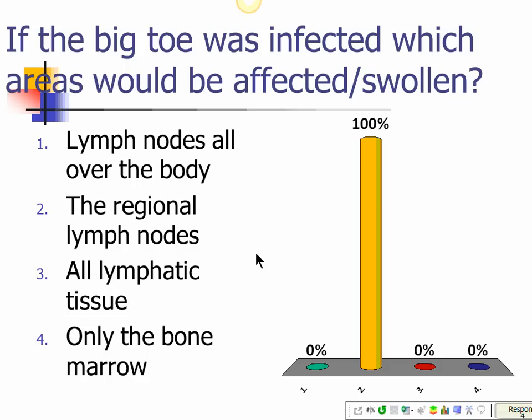No, sorry, good. Yes, the regional lymph nodes. Yes, very good. Because lymph nodes just drain areas they are close to. So just the regional. If you had cervical lymph node enlargement, you would expect some problem in the head and neck area, scalp infection, something in the tonsils, something like that. Yes, regional lymph nodes.